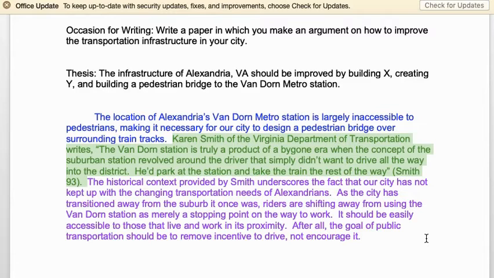He'd park at the station and take the train the rest of the way." Notice my parenthetical citation here as well: author's last name plus the page number. That should follow every quote. That's the illustration. I'm illustrating my point with the work of others, people that have maybe studied the subject in greater depth than me, people with a stronger sense of ethos in this field of study.